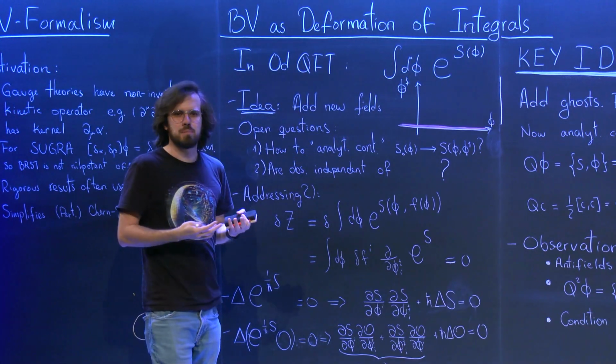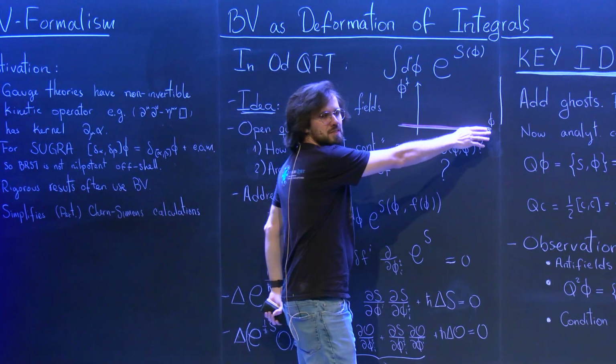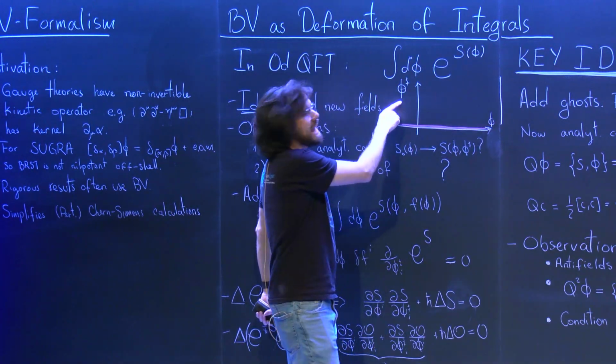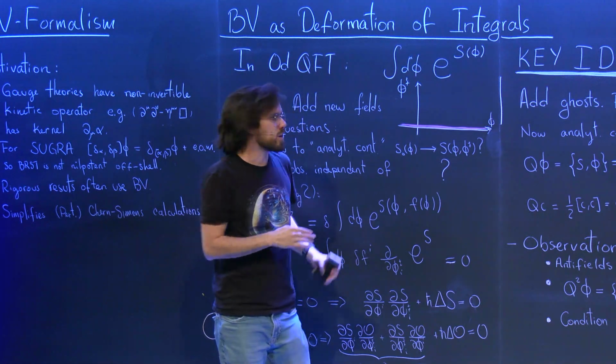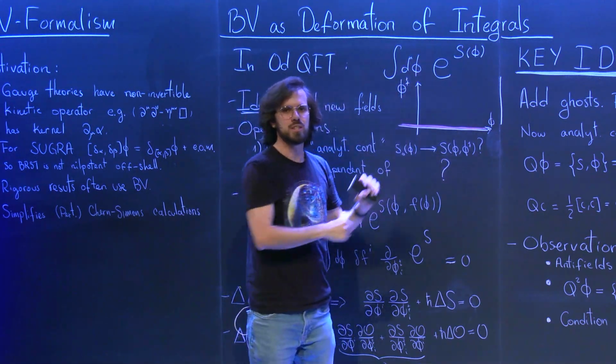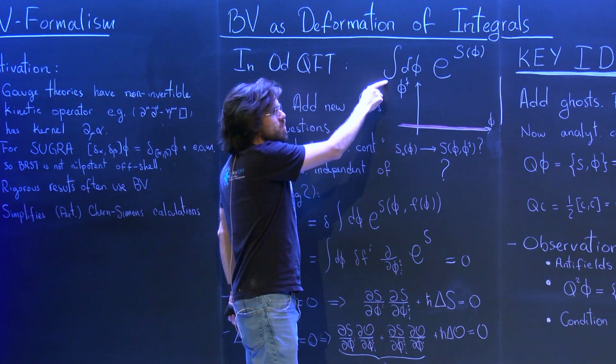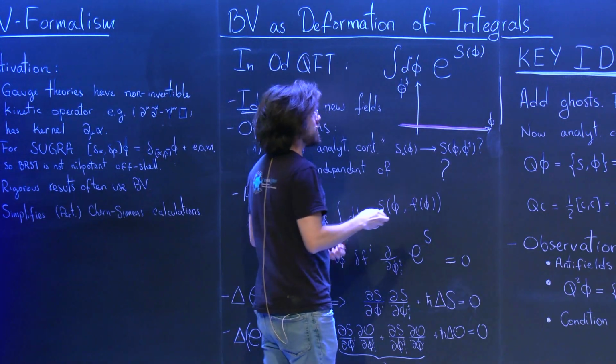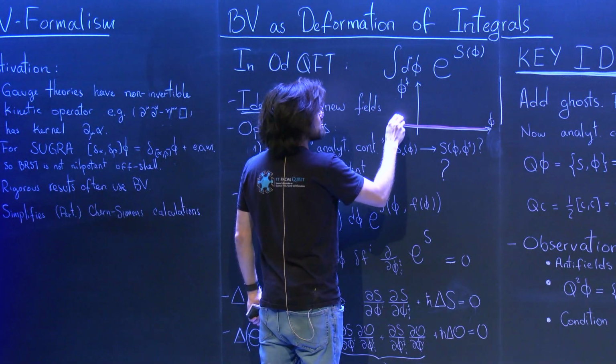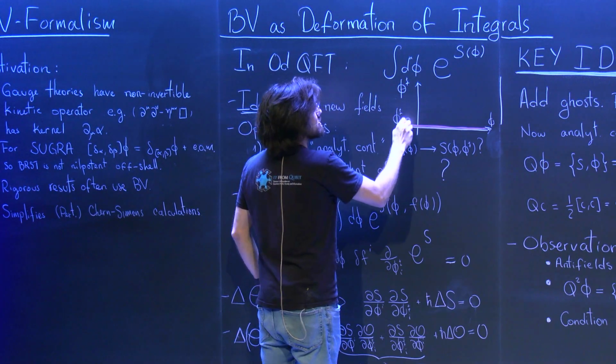And what does that mean? Say, for each field, we introduce an antifield, a corresponding new direction, and we claim that our original integral will be along the slice upon which this new field, phi dagger, is equal to 0.